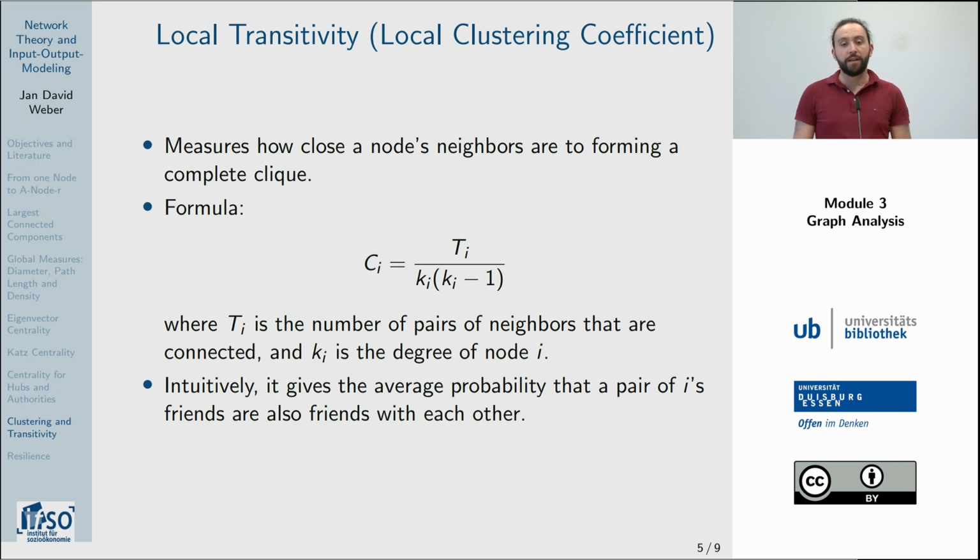So we have the number of pairs of neighbors, represented by T, that are connected, and k is the degree of node i. And so we can calculate the local clustering coefficient. Intuitively, it gives the average probability that a pair of i's friends are also friends with each other. So how many of those triangles do we have, in a simplistic expression, but more mathematically thinking in probability?